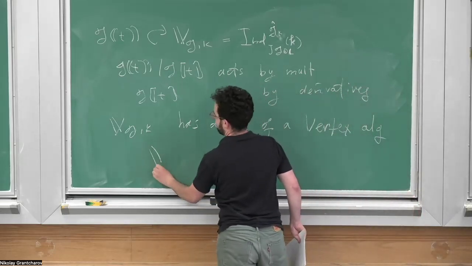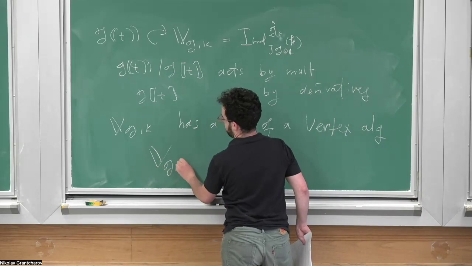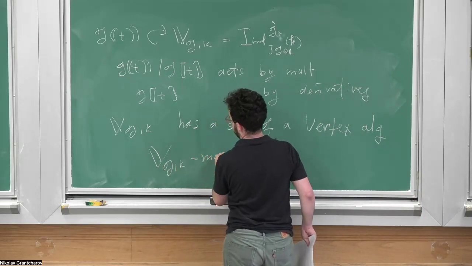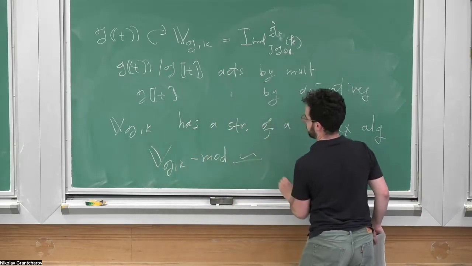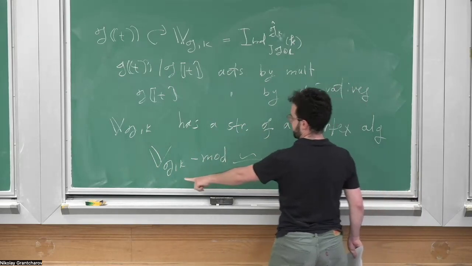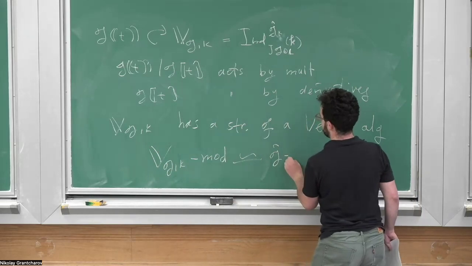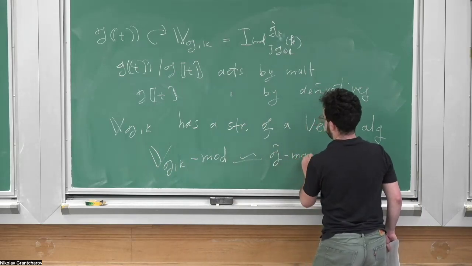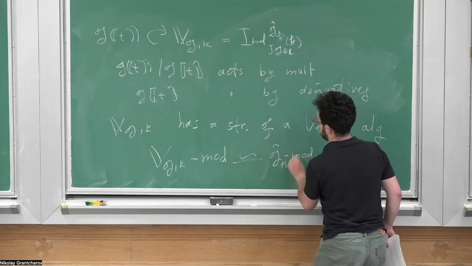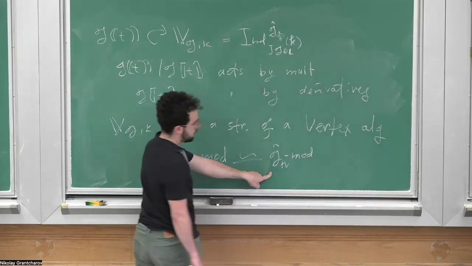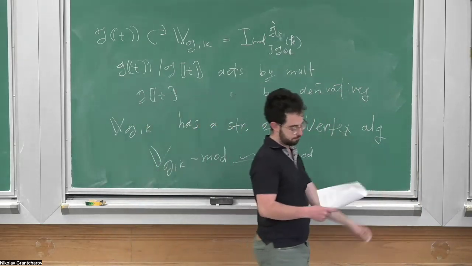For a vertex algebra there is a notion of module, and there is a canonical isomorphism between modules over this vertex algebra and discrete representations of level kappa of the Kac-Moody algebra.